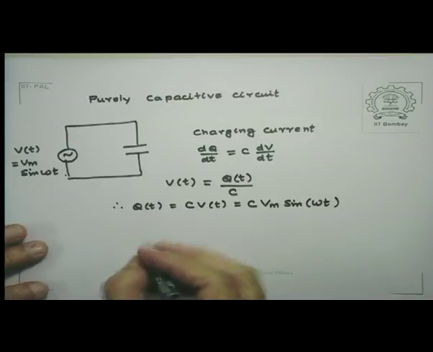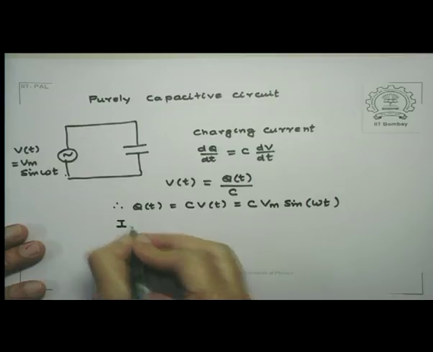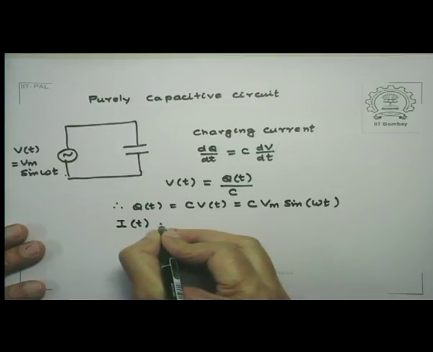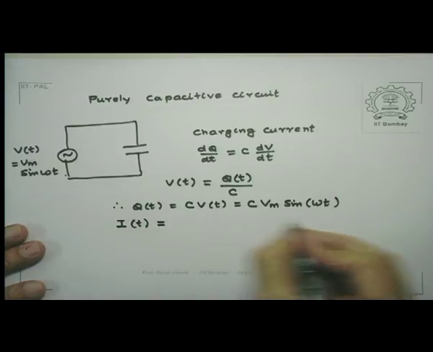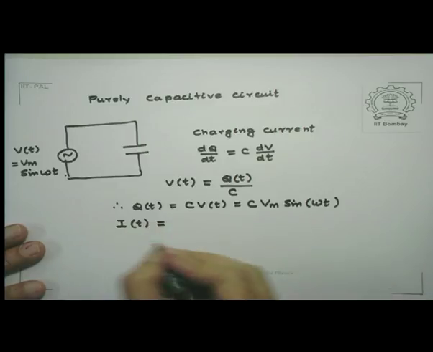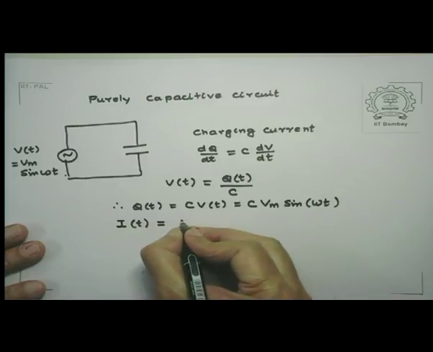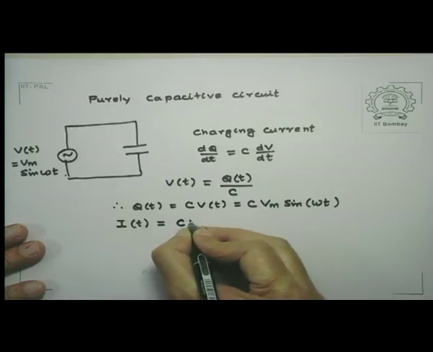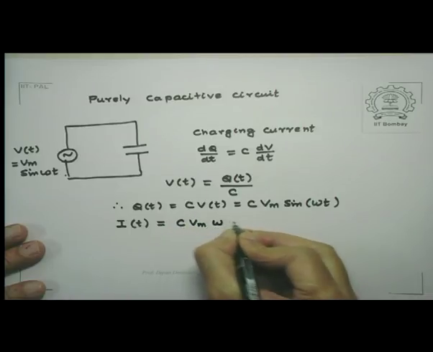And then my charging current I of t would be, I need to differentiate this because it is dq by dt, so it is C Vm omega cos omega t.